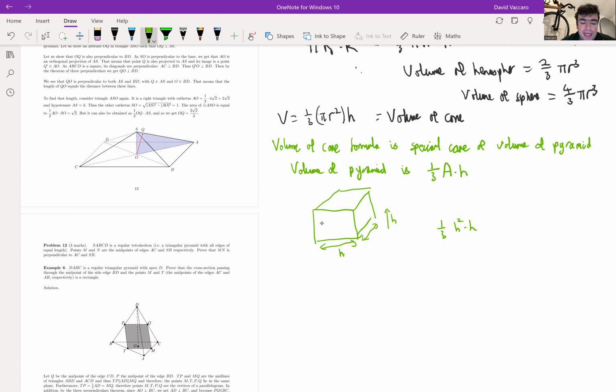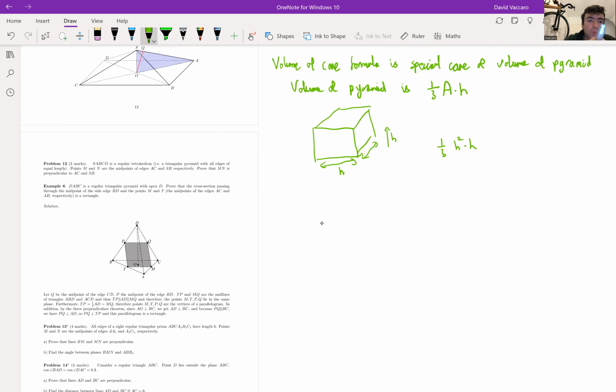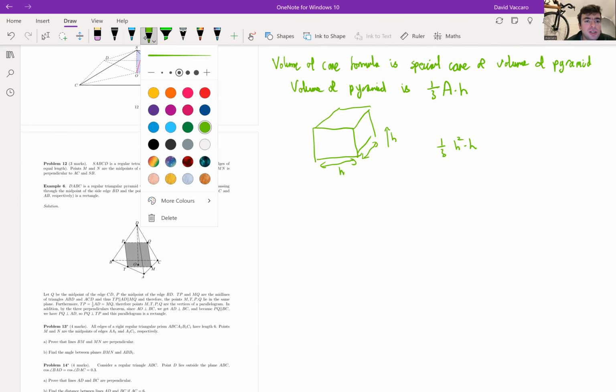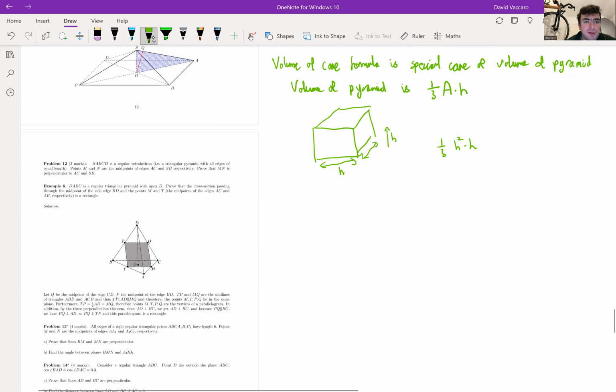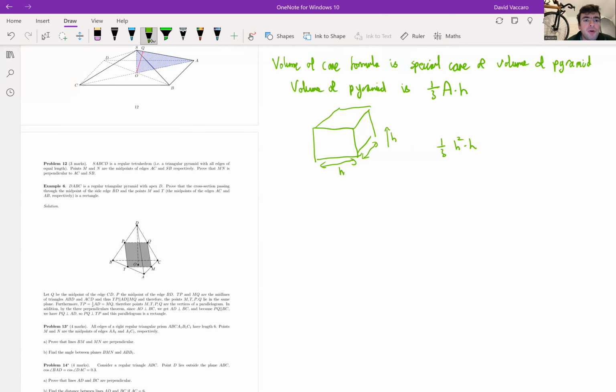Now the trick is, how do we go from, we've got one pyramid which satisfies the formula 1/3 base area times height. So this is the volume of this special pyramid.